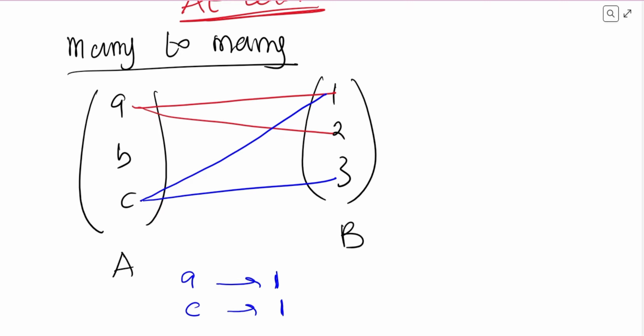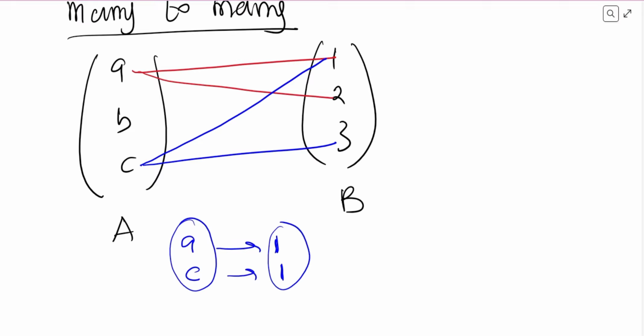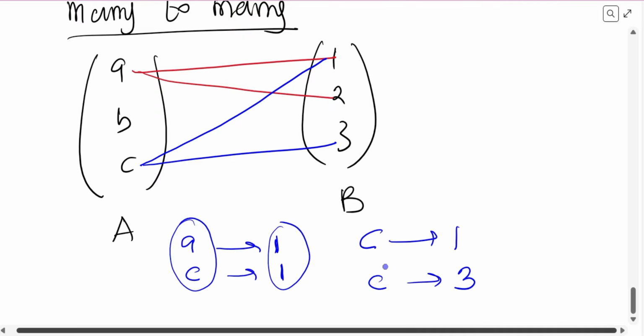So this is many maps to 1. And on the other hand, C maps to 1 and C maps to 3. And this is 1 maps to many. So many to many is essentially combining one to many and many to one.